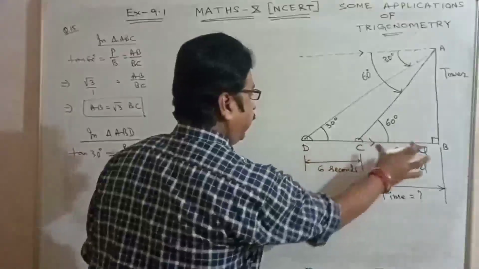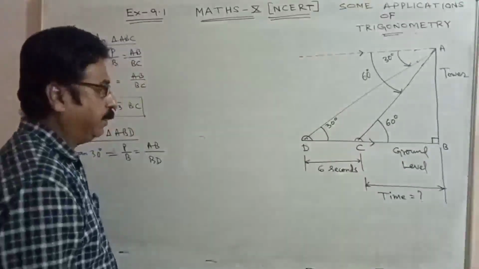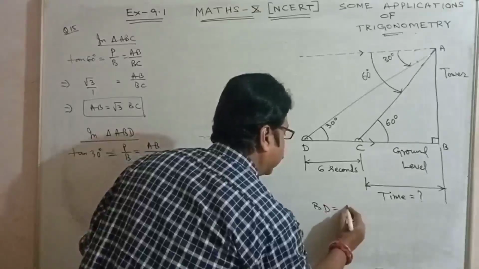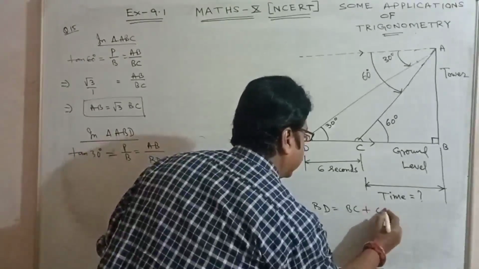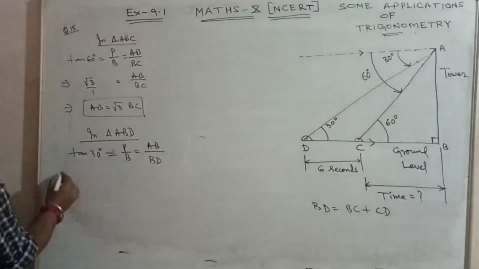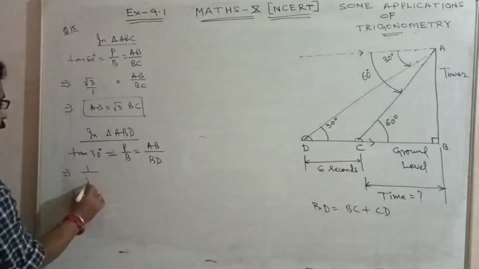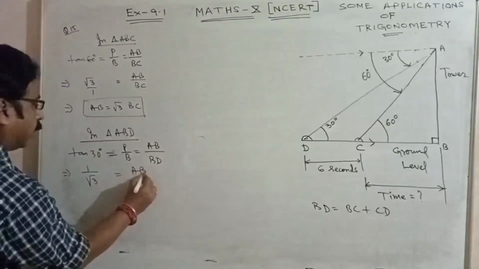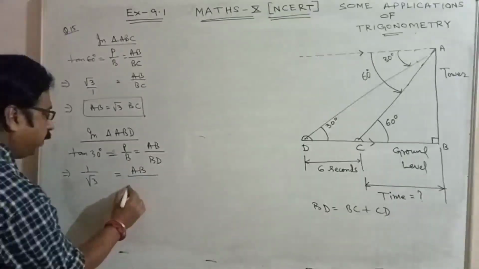BD means BC plus CD. Tan 30 is 1 upon root 3. AB upon BD means BC plus CD.